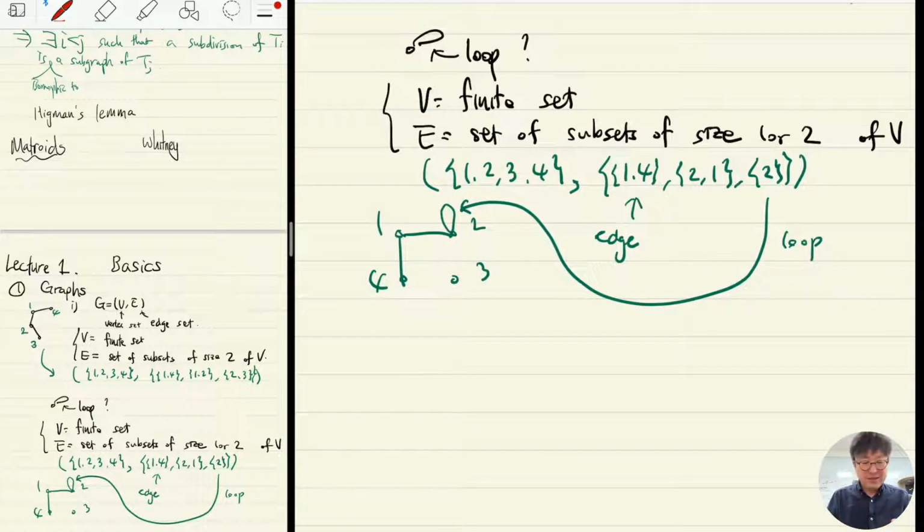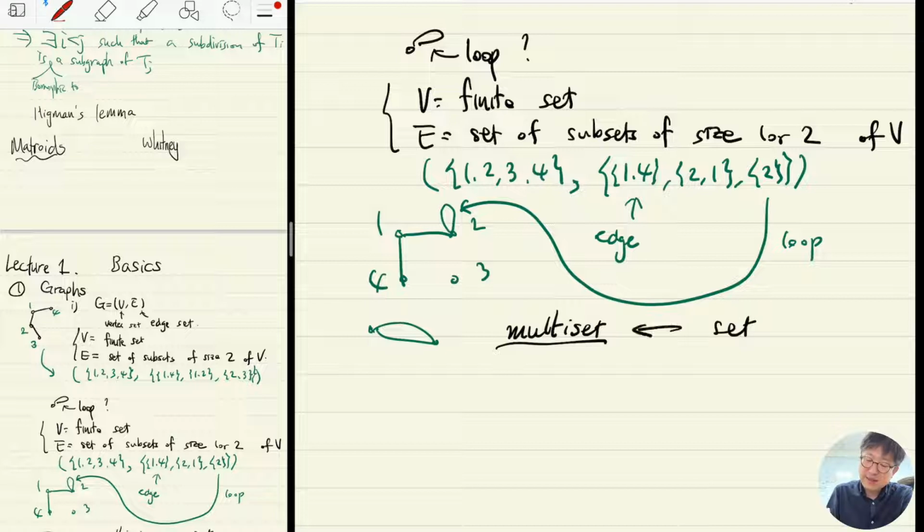But still, you may wish to have parallel edges, and this definition doesn't allow you to represent them. What are parallel edges? Two edges are parallel if they have the same set of ends. In order to have parallel edges, some authors use multi-sets instead of sets.